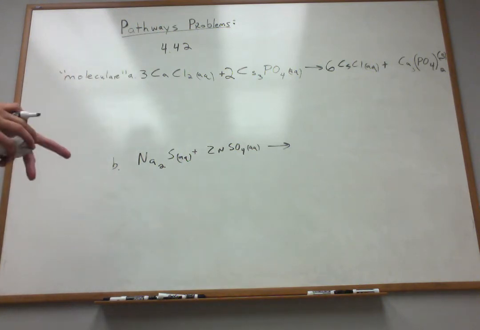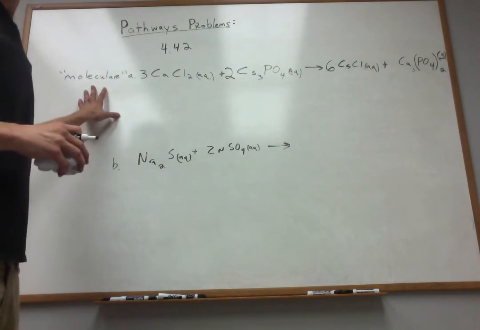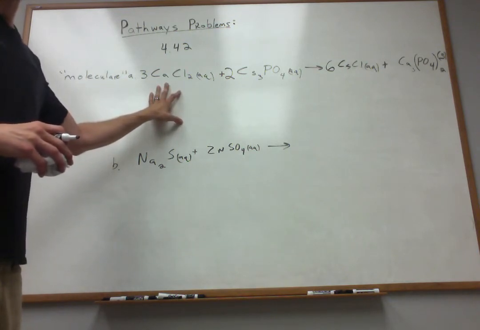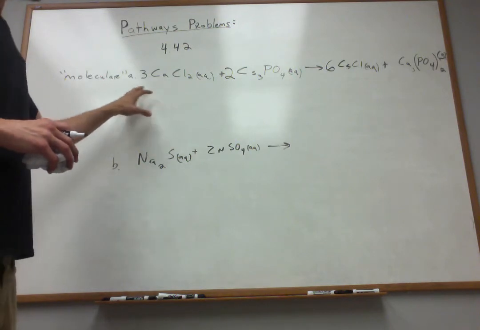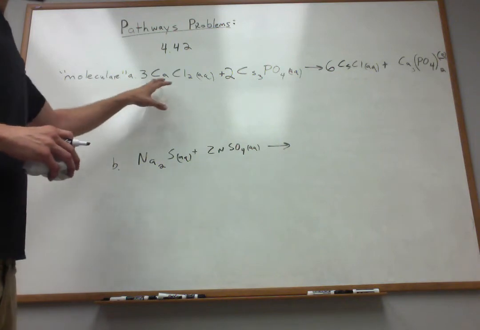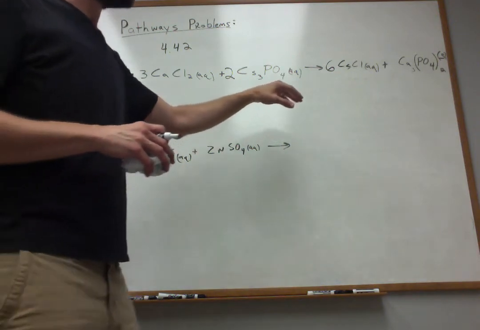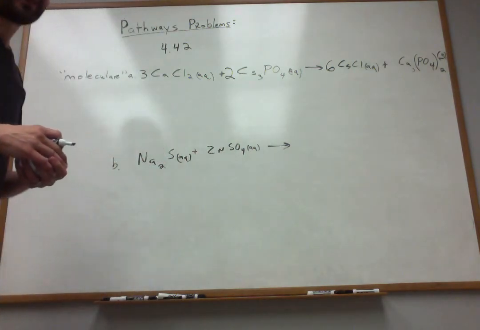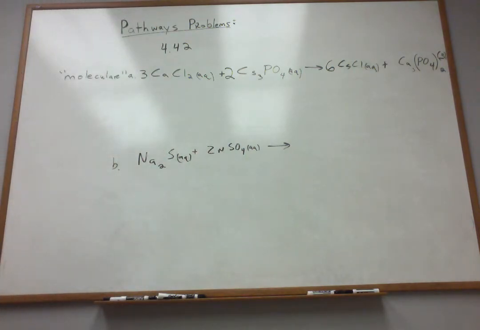I don't necessarily like the terminology there because usually we consider ionic compounds as being formula units, not necessarily molecules. But the idea is that if you're writing this molecular equation, you show everything paired up together as a formula unit, okay? Now, the other types of equation are commonly discussed.